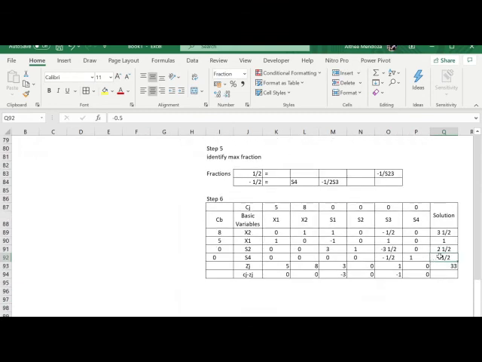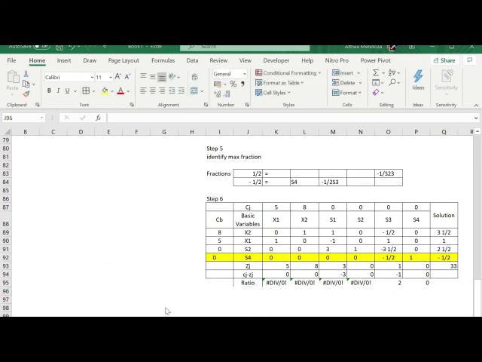So, as what we did here, dahil siya na lang ang negative, therefore siya ang ating leaving variable. Ito yung basis natin. Tapos, ang ating entering variable naka-base uli dun sa Cj minus Zj over the pivot row ratio.